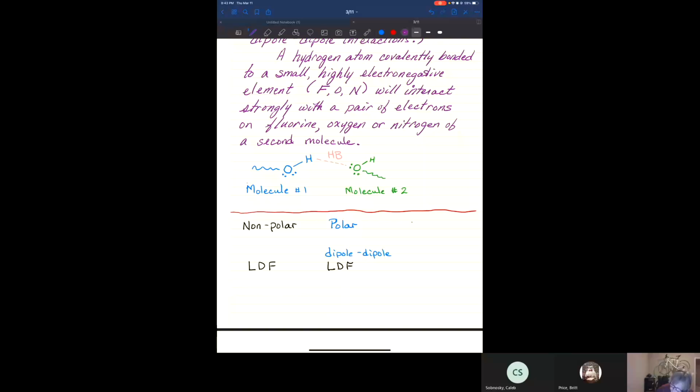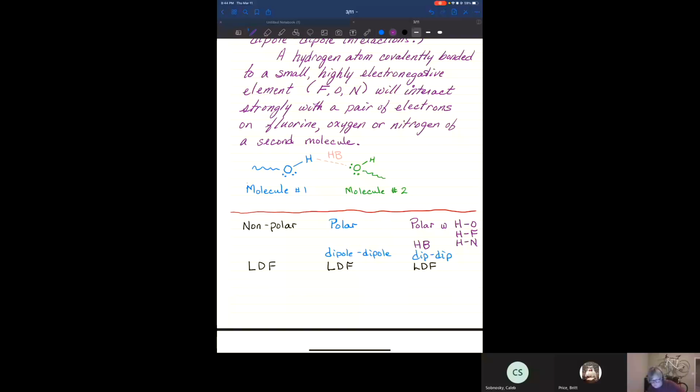If you have polar with either HO, HF, or HN on top of your London dispersion forces, on top of the dipole-dipole interactions, and I'll just abbreviate those dip-dip, you have hydrogen bonding interactions.